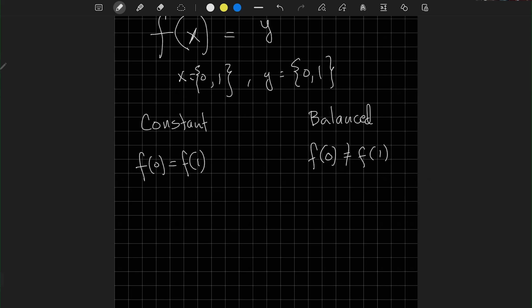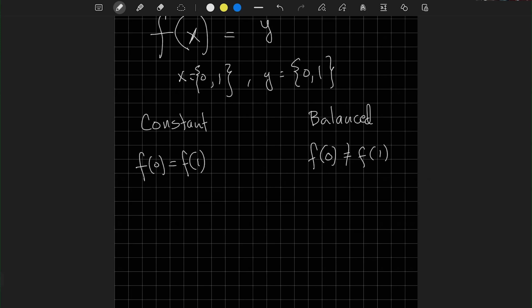So these are the two kinds of functions f. Now, I want to distinguish between these two functions. So I have some state in a computer, 0 or 1, and implement a function on it, and there's an output. So I want to determine what kind of function it is.